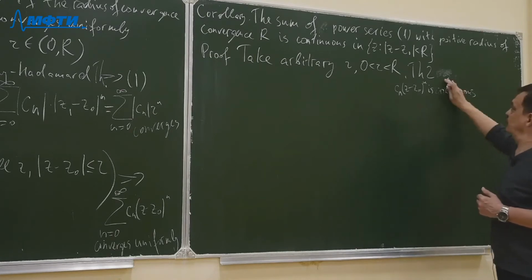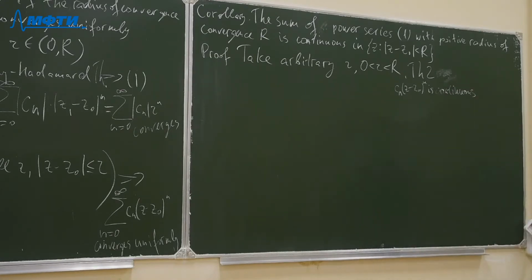In fact, everywhere. But what is important is where our series converges uniformly. So, by the theorem about uniform convergence and continuity of functional series, there was such a theorem.